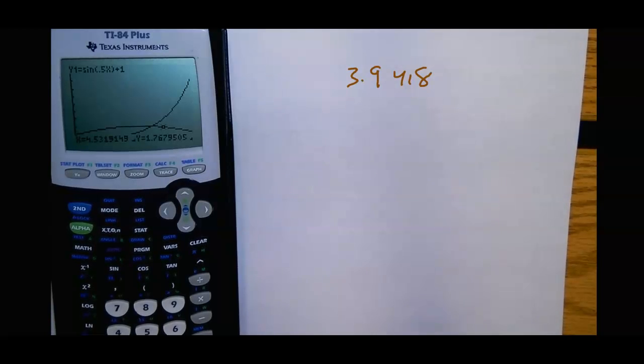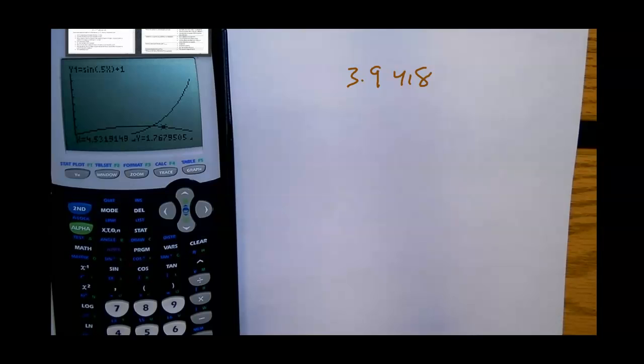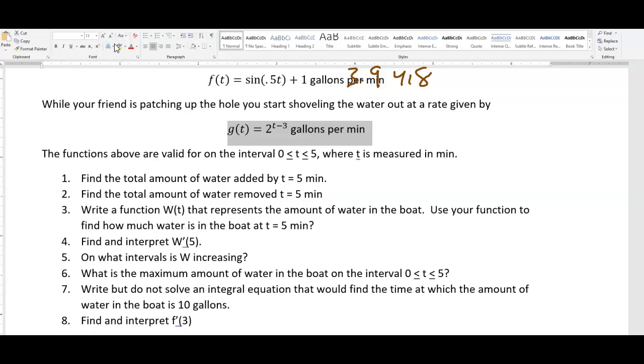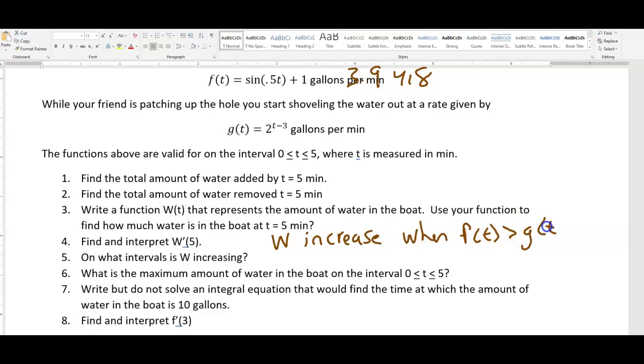So let's go back to our little worksheet here and see what they were asking for and how we're going to write our answer. On what interval is W increasing? So W increases, and this is how you would write your explanation, when the rate in is greater than the rate out.